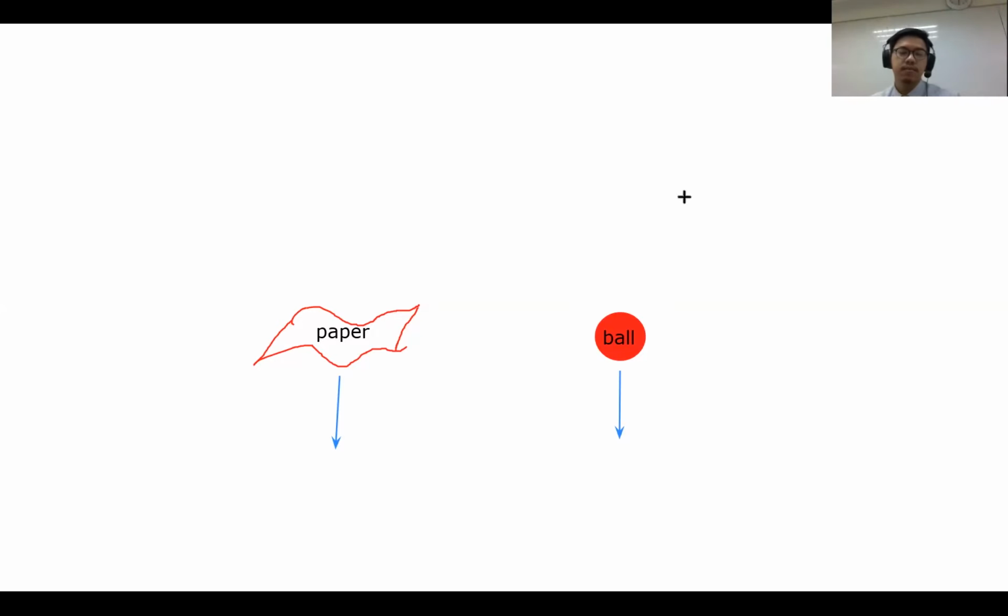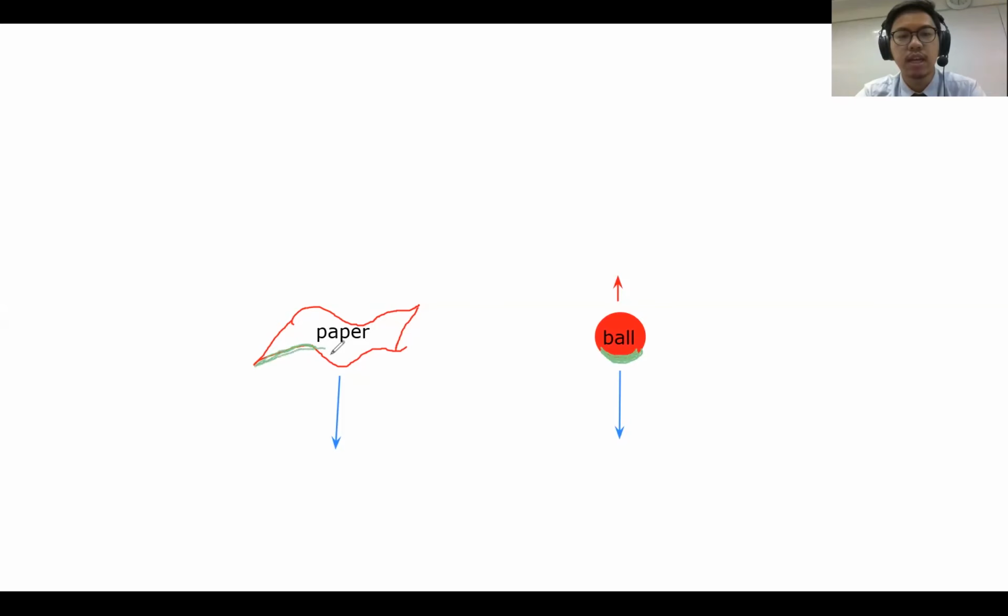Why is that? The reason is air resistance. The ball has a smaller air resistance because it has a smaller surface area. In other words, this area here, which is in contact with the air, is smaller when compared to the paper.